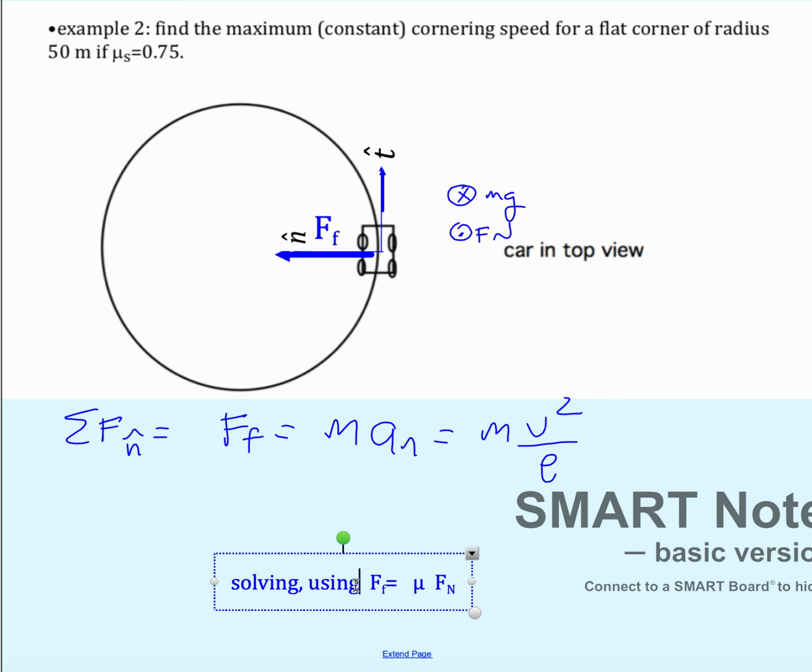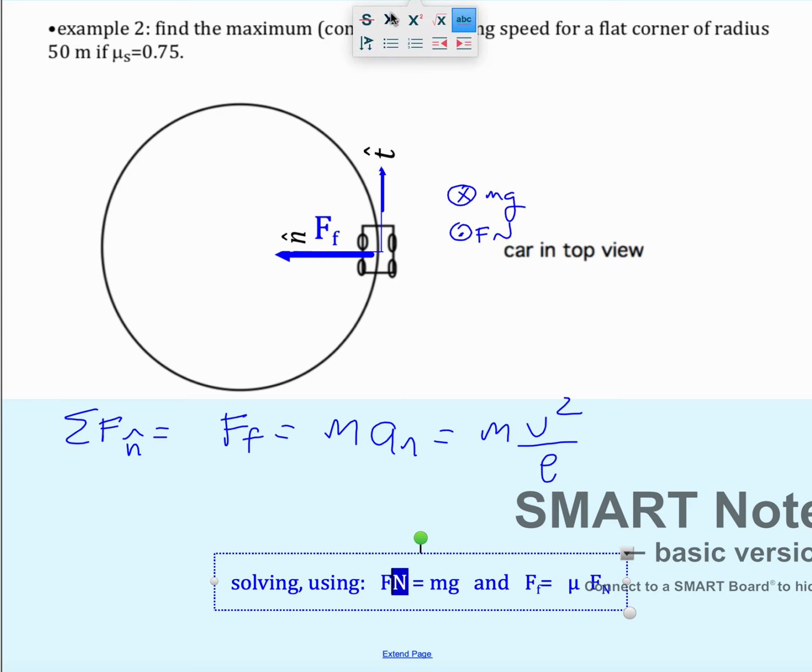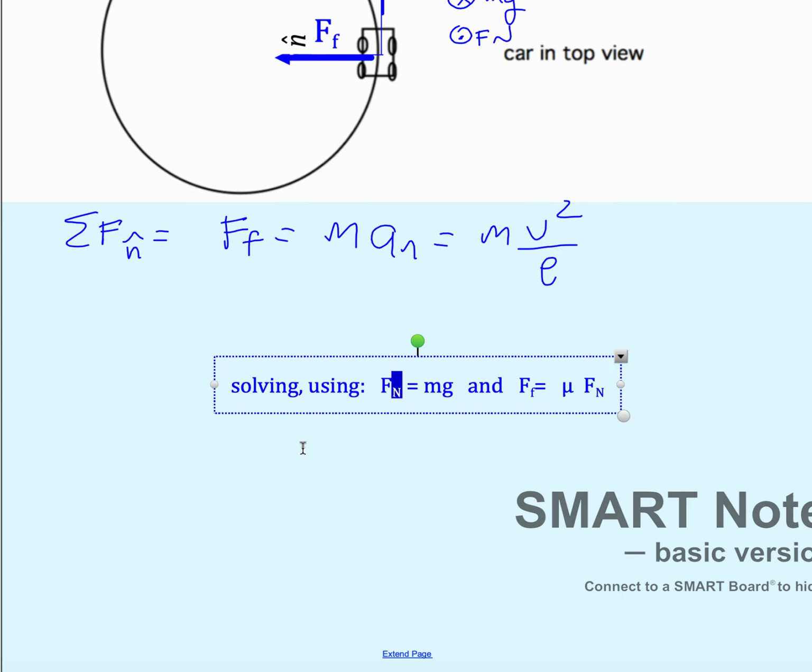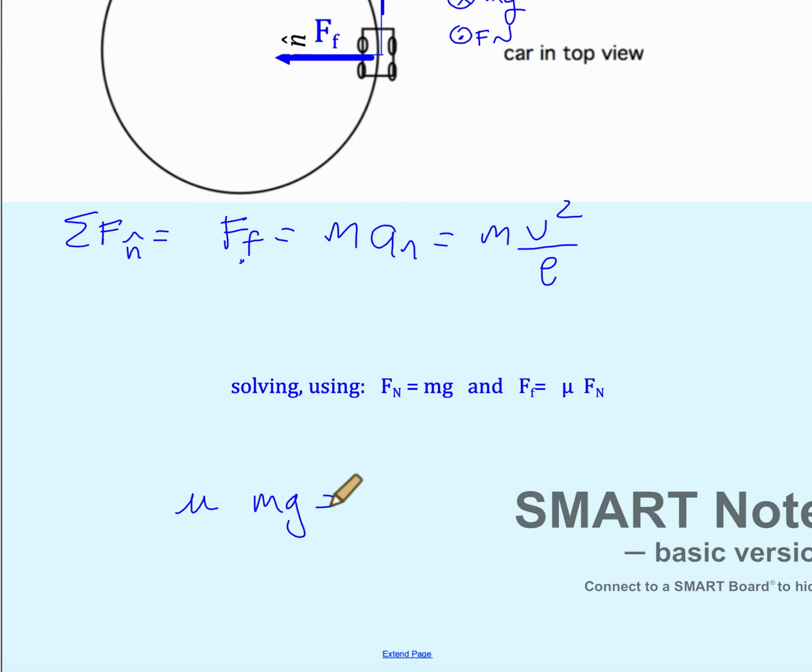We will use the fact that friction is mu Fn, and we will also use the fact that the normal force and the weight are balanced in this case. So, how does that help us? Well, friction is mu times the normal force, and the normal force is the weight, so we can substitute here mu times the weight. That must equal mass times v squared over r.